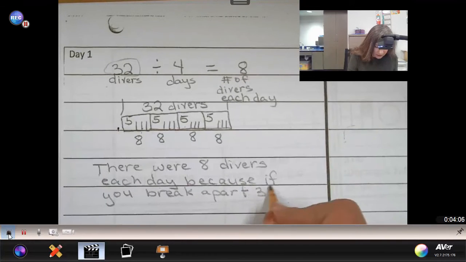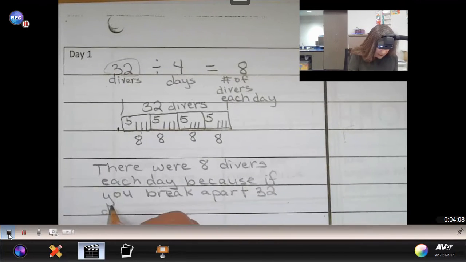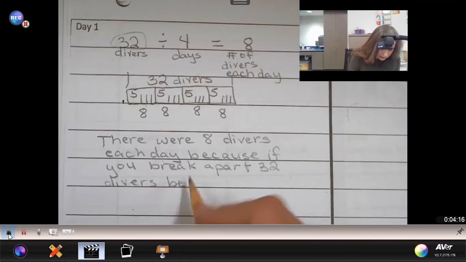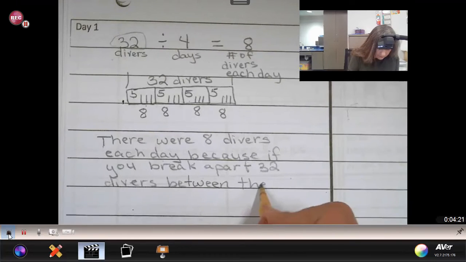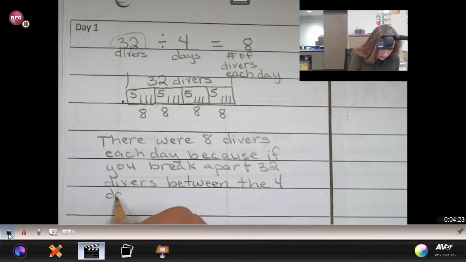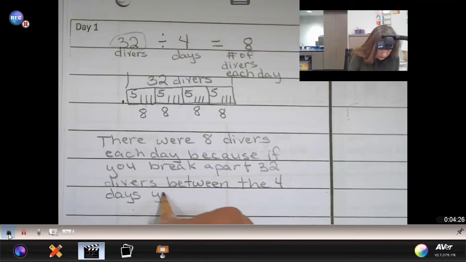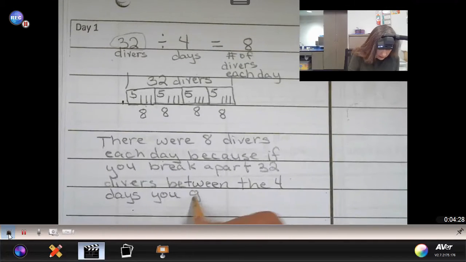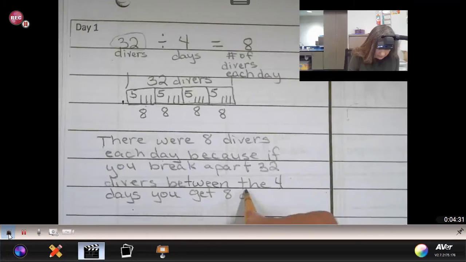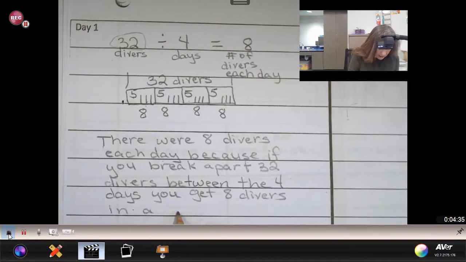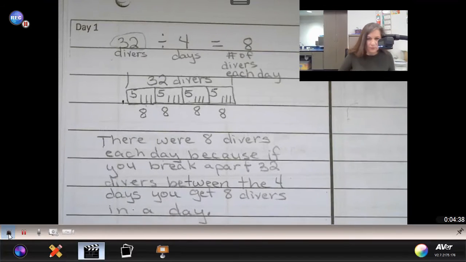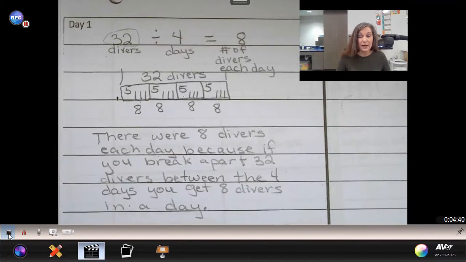If you break apart 32 divers or divide between, I'm just going to move this up a little bit so you can continue to see, between the 4 days, you get 8 divers in a day. So there's our first problem for today.